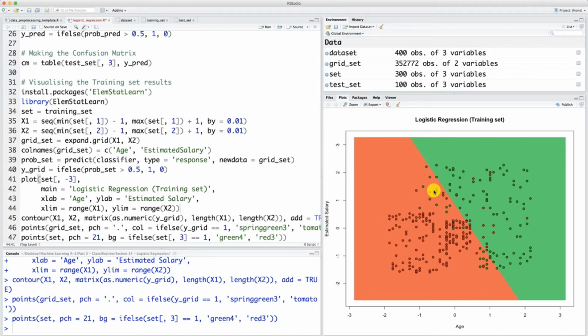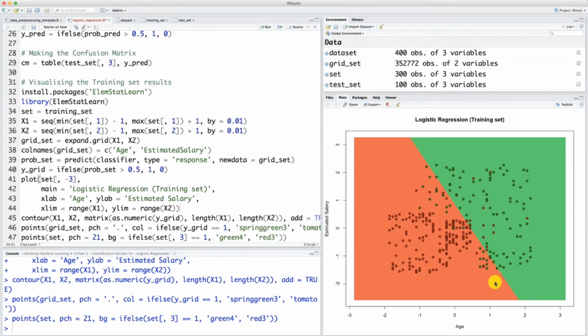That means that since we are in 2 dimensions, because we have 2 independent variables, the age and the estimated salary, and since the logistic regression classifier is a linear classifier, the prediction boundary separator can only be a straight line. If we were in 3 dimensions, it would be a flat plane separating 2 spaces.